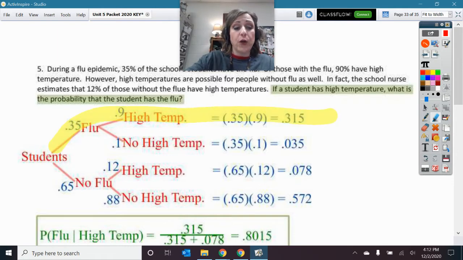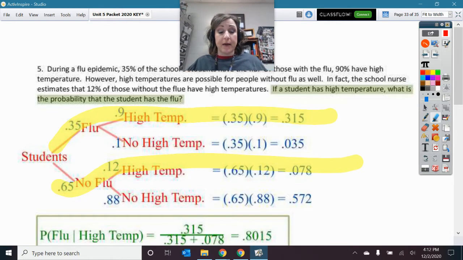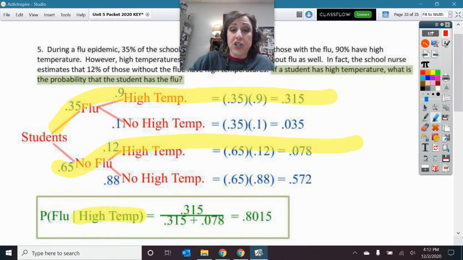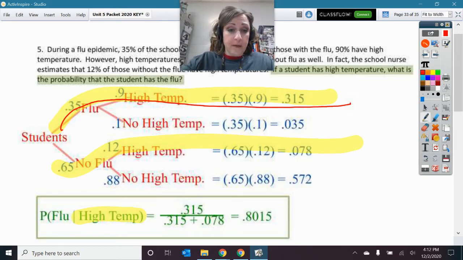If you did not have the flu, only 12% have a high temp. So when this question says, if a randomly selected person has a high temp, what's the probability that they have the flu?